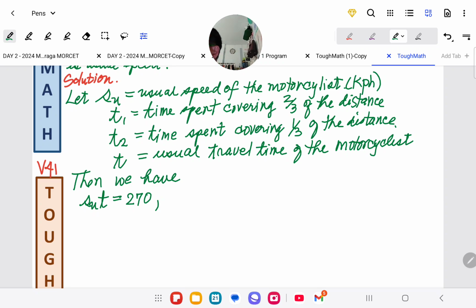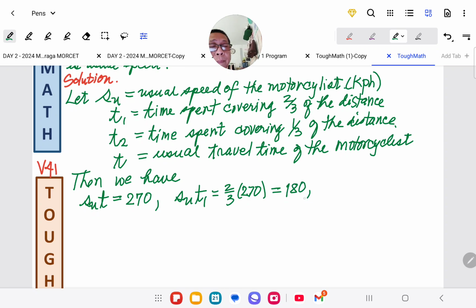And then the usual speed times the T1, the time spent covering 2/3, is equal to 2/3 of 270, which is 180.